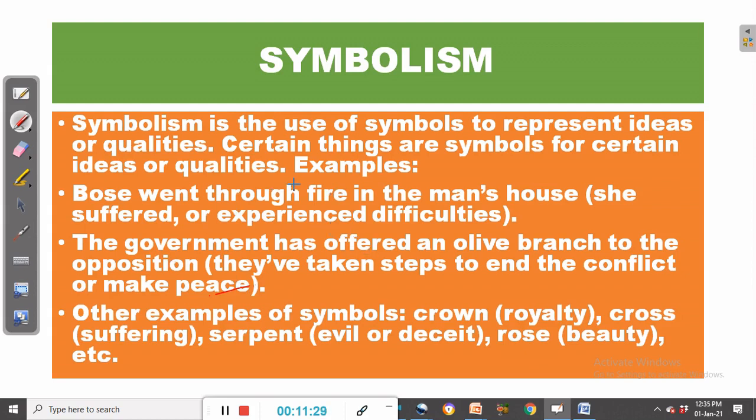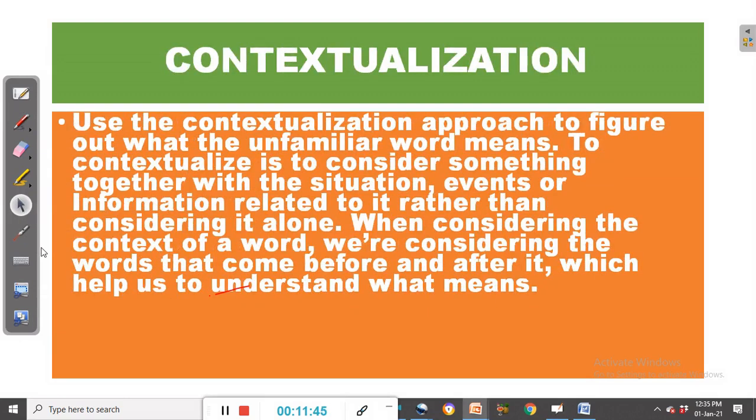So symbolism is a literary device with which we can interpret the meanings of sentences. All right? Let's now look at the next one, which is contextualization.